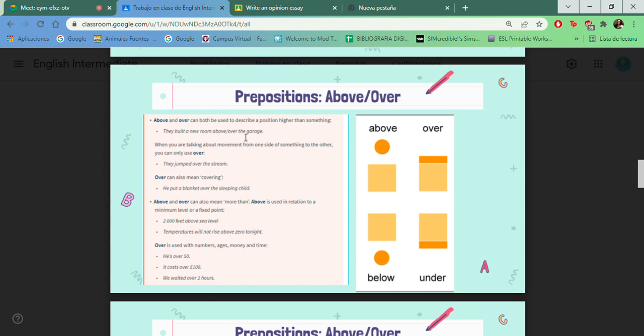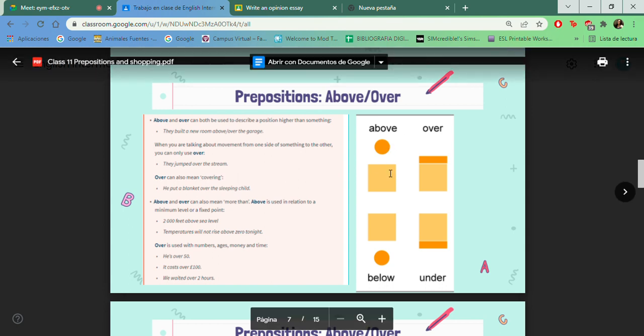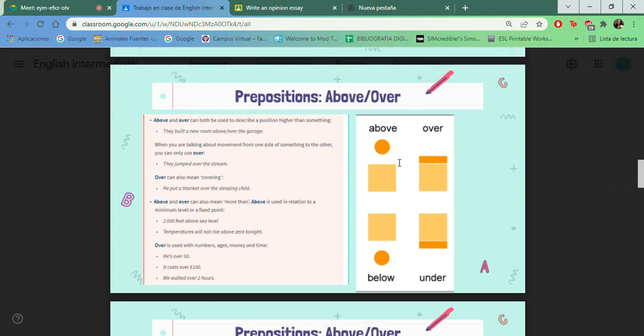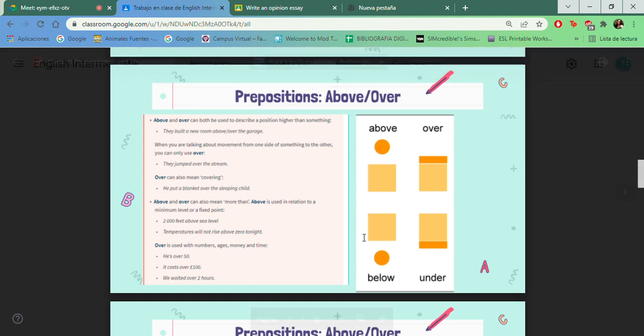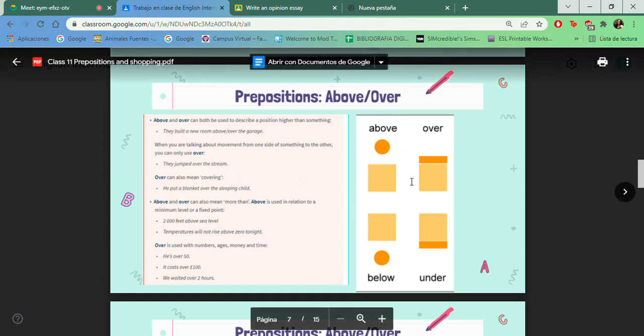You can see here that there is some distance between the ball and the box. On the other hand, when it's on the surface, touching the surface, in that case you use the preposition on, not above.